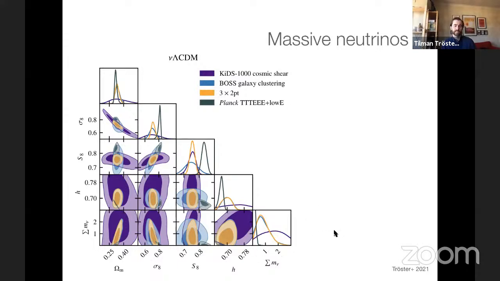So if you look at similar chains for DES or HSC and so on, they all find that they pull to the higher neutrino masses with quite similar constraints, or a lack of interesting constraints, considering the recent scattering results.